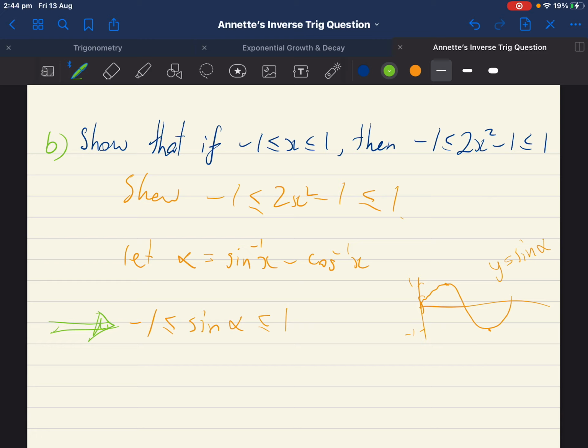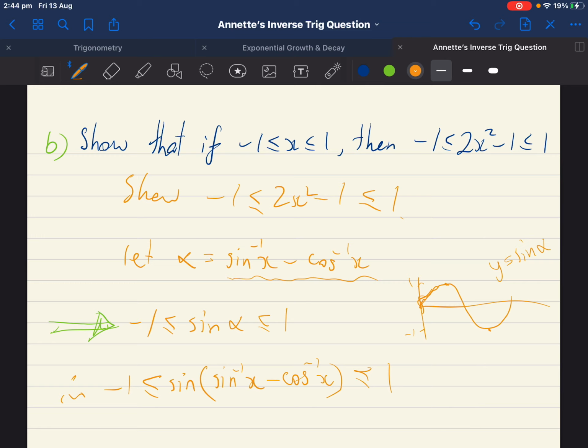We know that sine of any angle will be between minus 1 and 1. And we know that inverse sine x minus inverse cos x is some type of angle. So therefore, I'm just going to sub that in. Sine of this angle here will also be between minus 1 and 1. As simple as that.